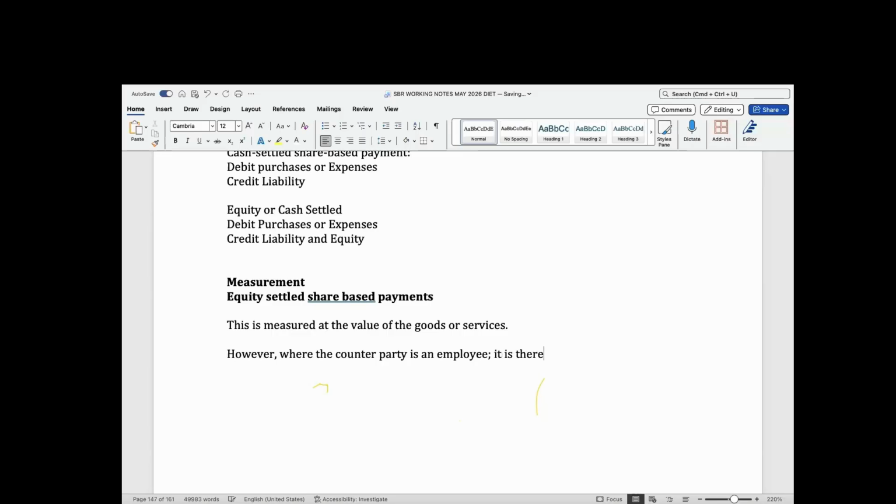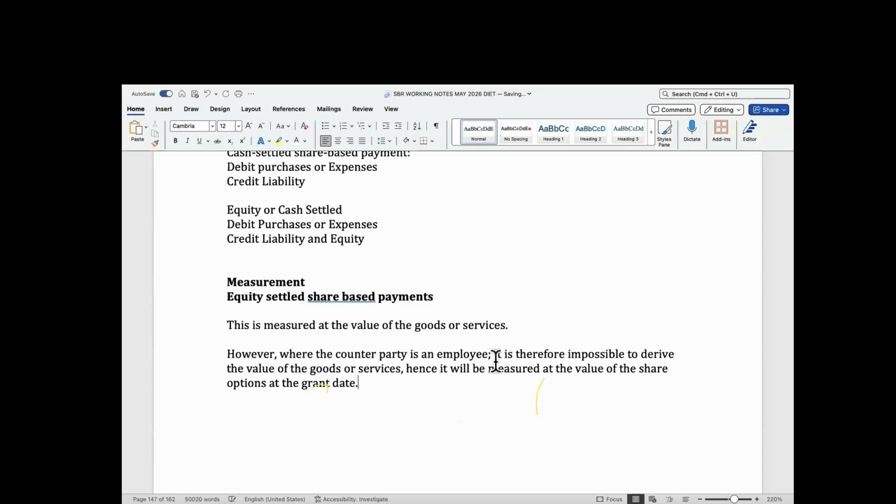It is difficult, not even difficult alone, it's impossible to derive the value of the services. Hence, it will be measured at the value of the share options at the grant date.